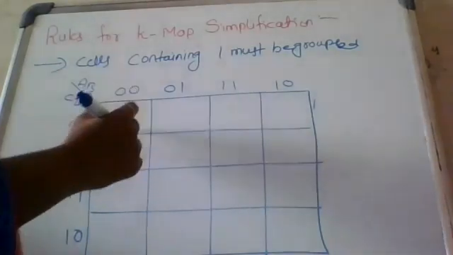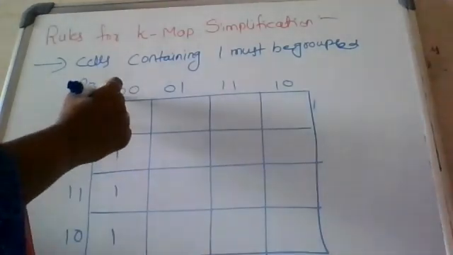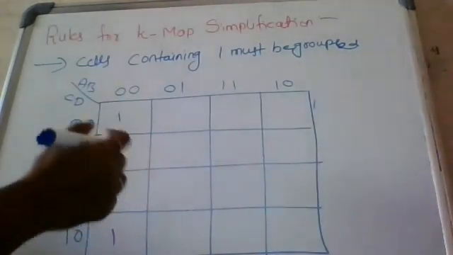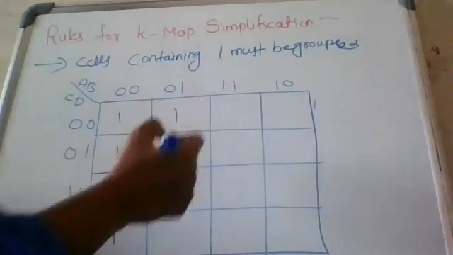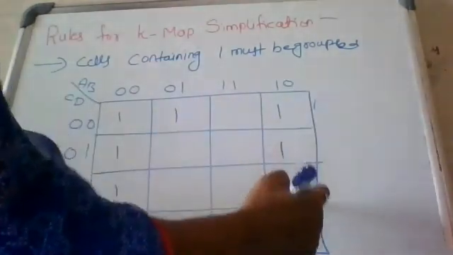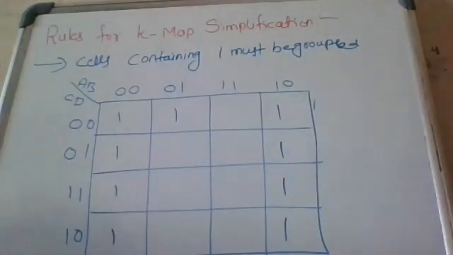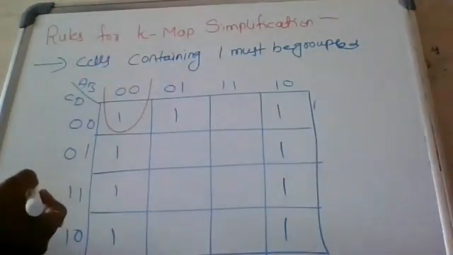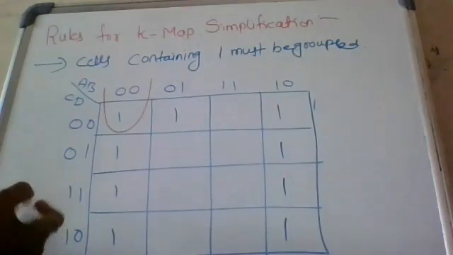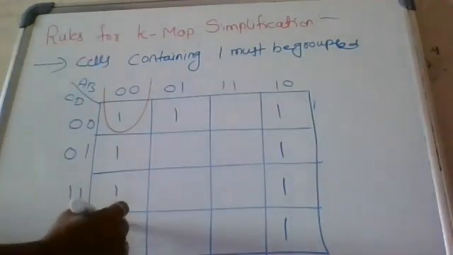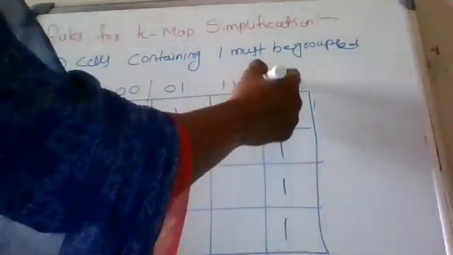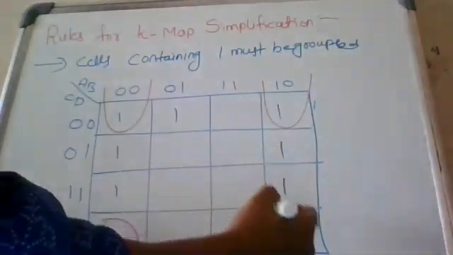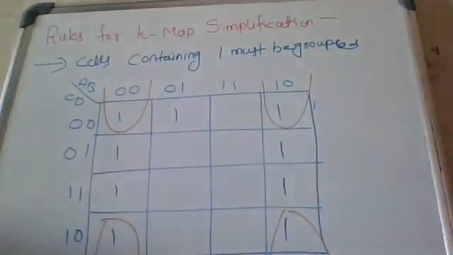So here if you have P like this, then take here also 1, here also we have 1 1 1. So take this one as a group, a corner group. This one also as a group, this one also as a group. So corner groups.